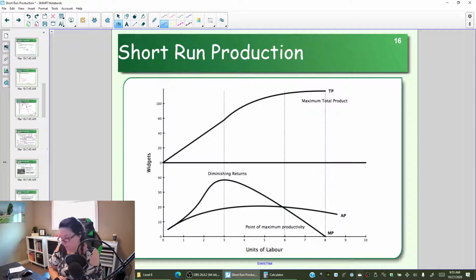All right, so why do we care about any of this? Well, let's suppose that this is the productivity graphs for your company. Here's your number of workers. Let's look at what we can tell about production. In terms of maximum total product, we are producing the maximum amount when we have 8 units of labor.